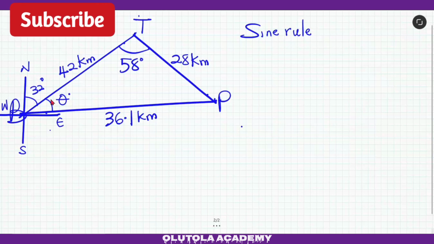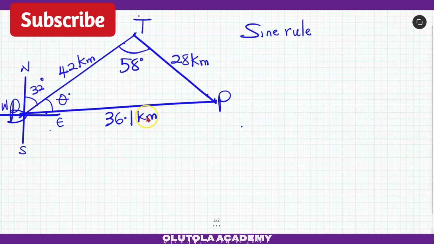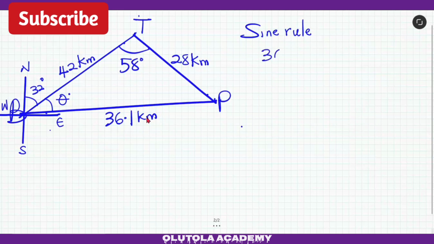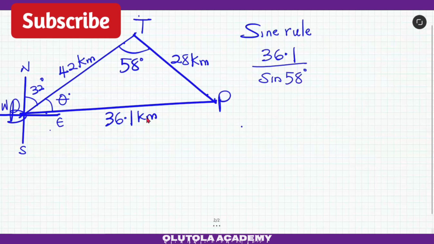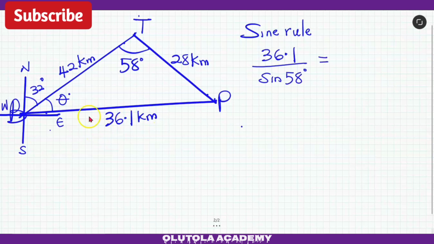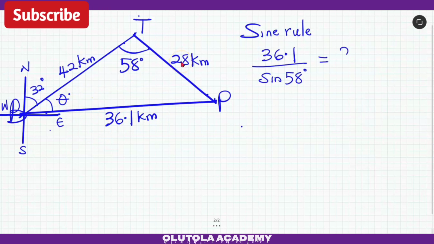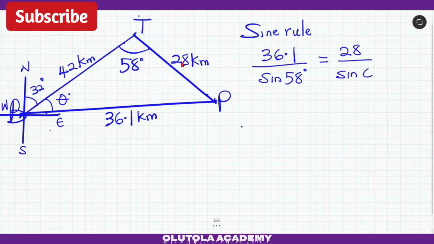As we already know, we have this angle 58 facing 36.1 kilometers. So we have 36.1 over sine 58 degrees equals the angle that we need, theta, facing 28 kilometers, so 28 over sine theta.